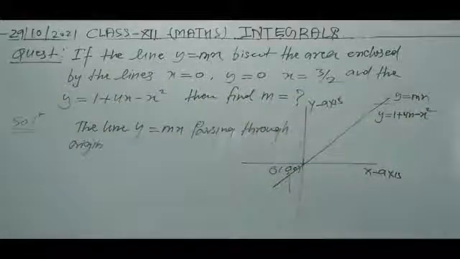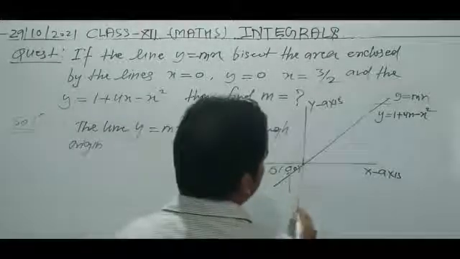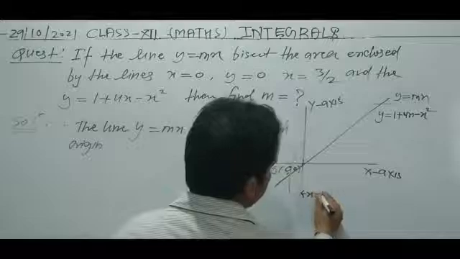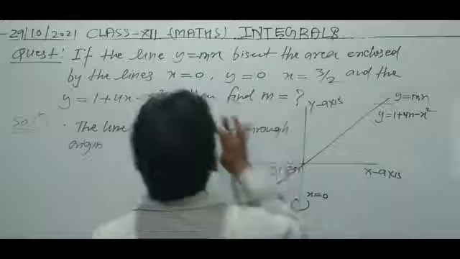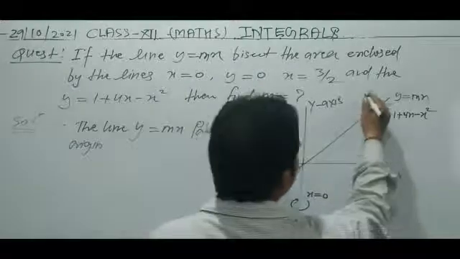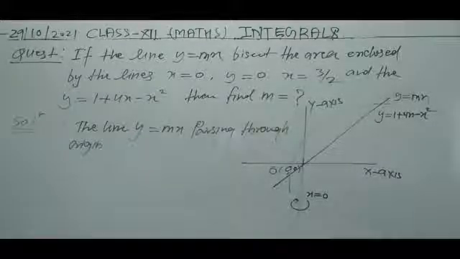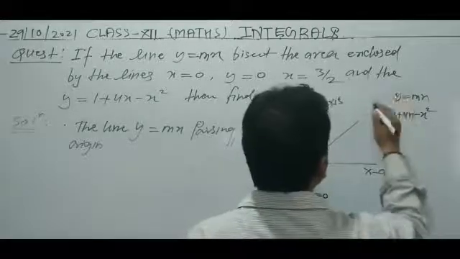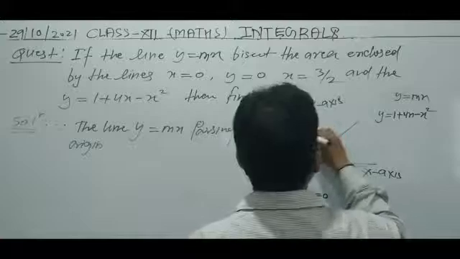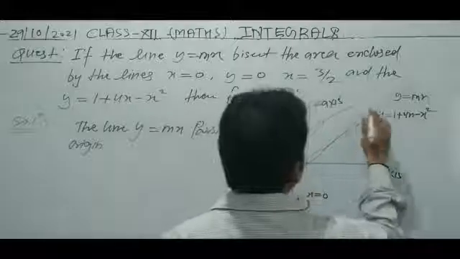Now you know x is equal to 0 is the y axis, and x is equal to 0 to x is equal to 3 by 2.